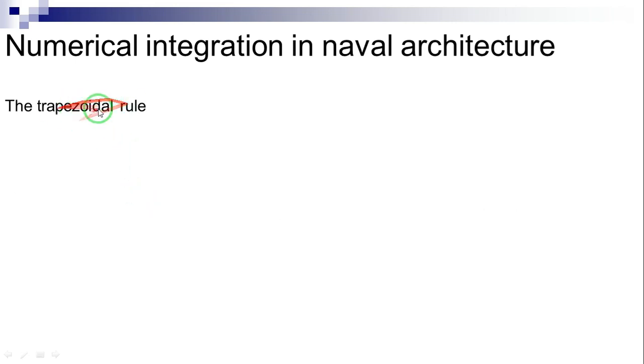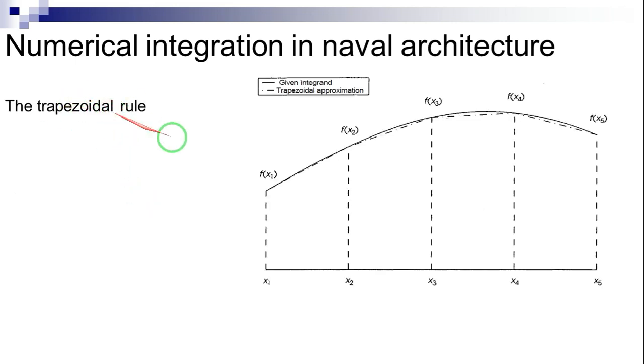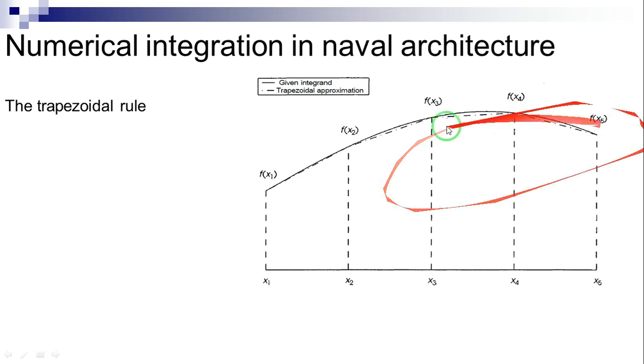The trapezoidal rule. Consider the function f(x) with known values of f(x1), f(x2), f(x3), f(x4), and f(x5) as shown here.